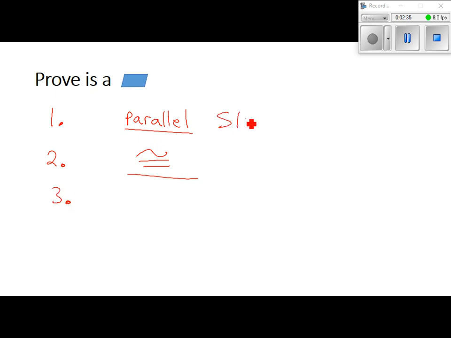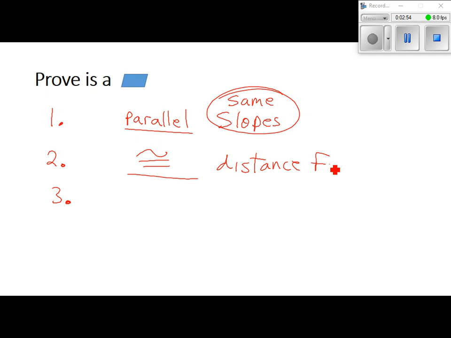Parallel, let's go back to this first one. Slopes, remember if they have the same slopes, so if we're on a graph, then two lines or two segments are parallel. This one we might use the distance formula on if we were on a graph.